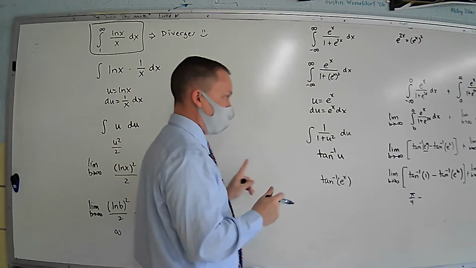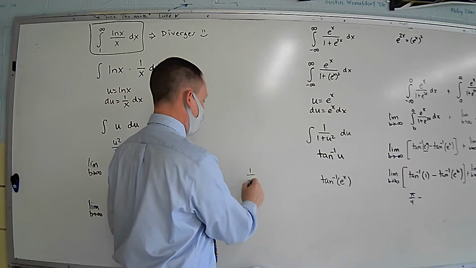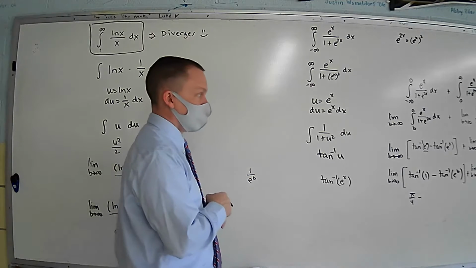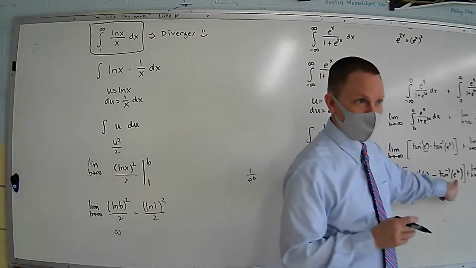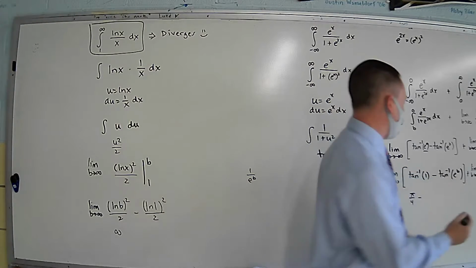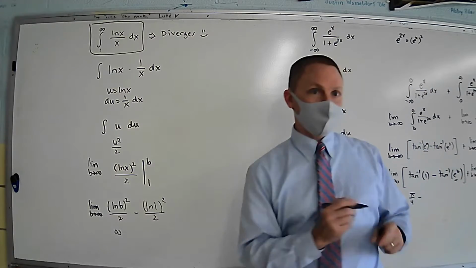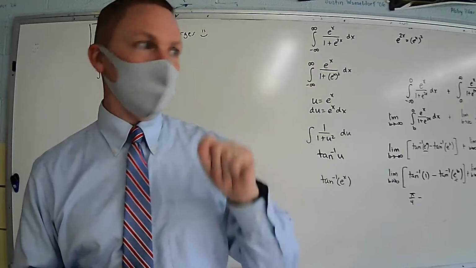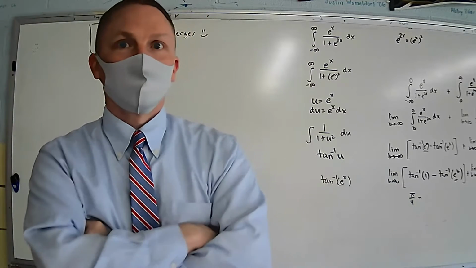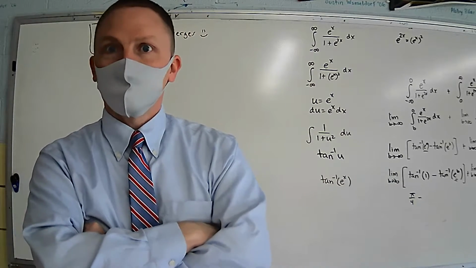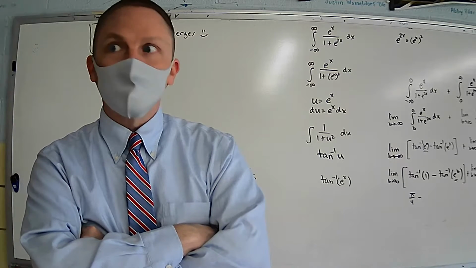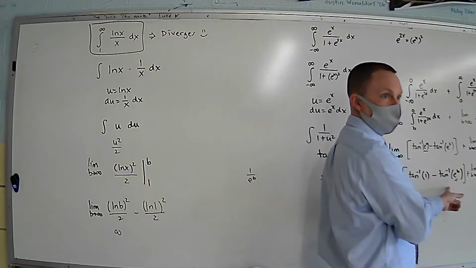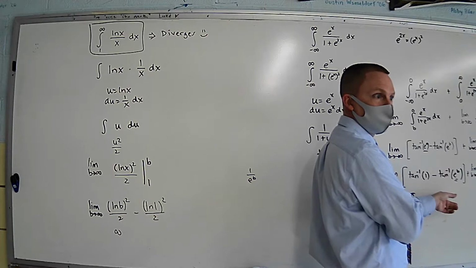As b goes to negative infinity, what happens to e to the b? What's it approaching? 0. So this is the same thing as the inverse tangent of 0, which is 0.